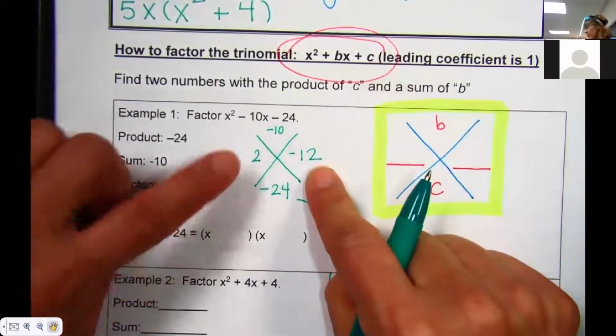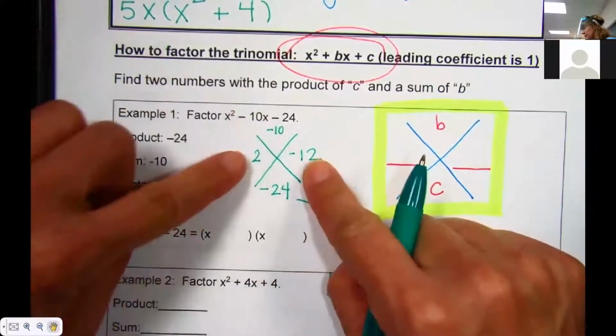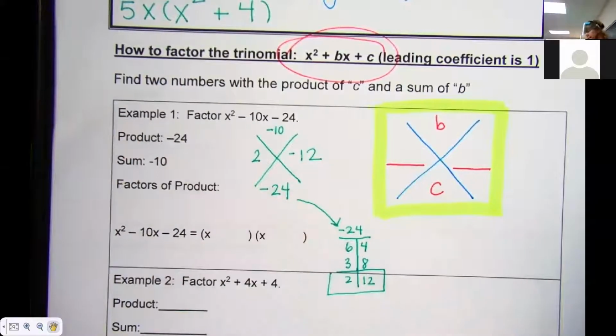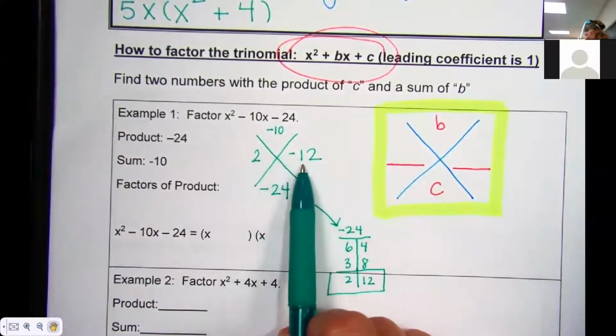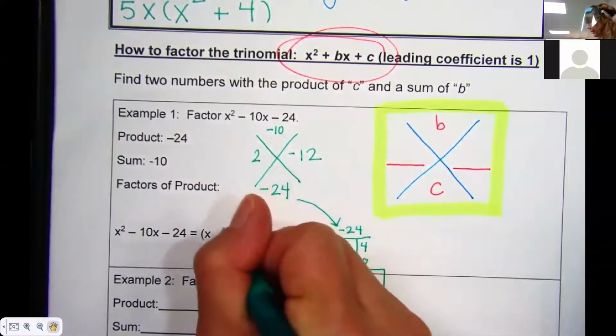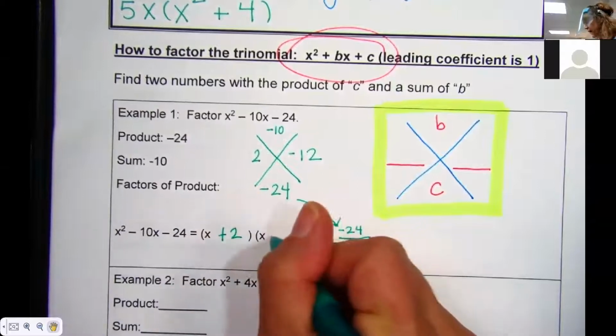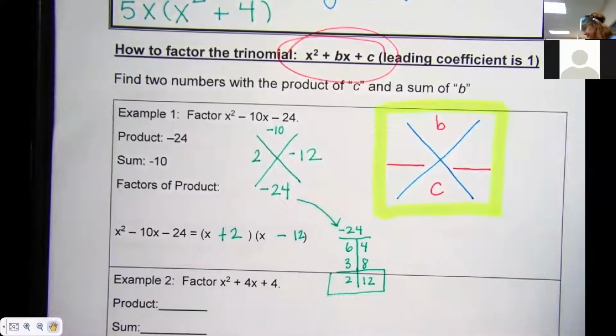A -12 and a +2 make a -10. A -12 times a +2 makes a -24. These sideways numbers right here with the signs get dropped right here. So when we factor this, the linear factors are X + 2 and X - 12.